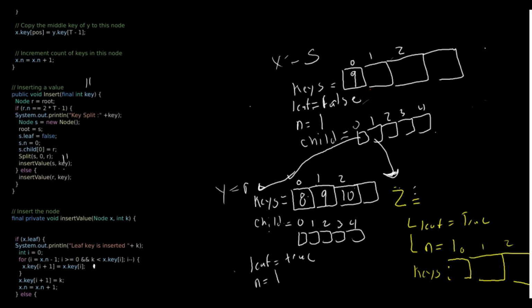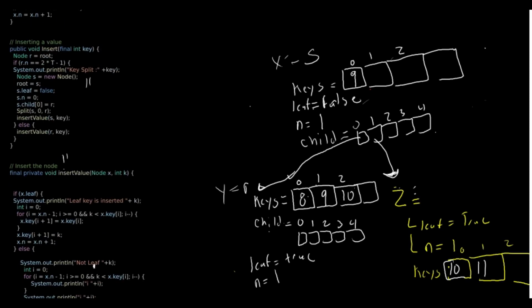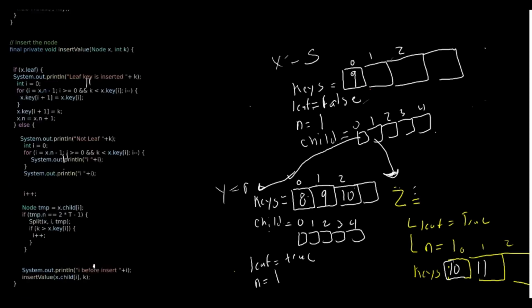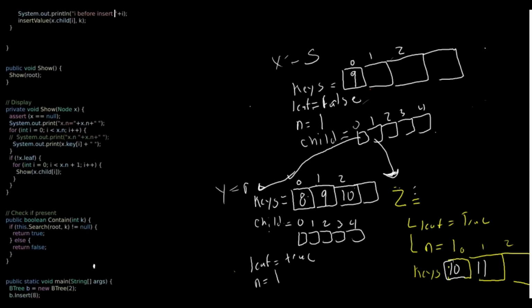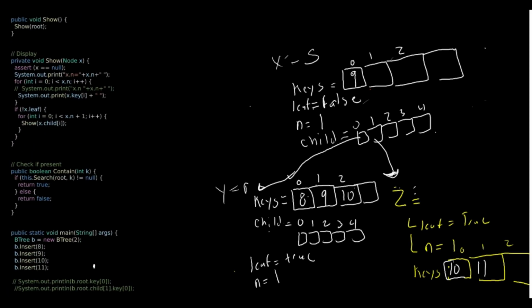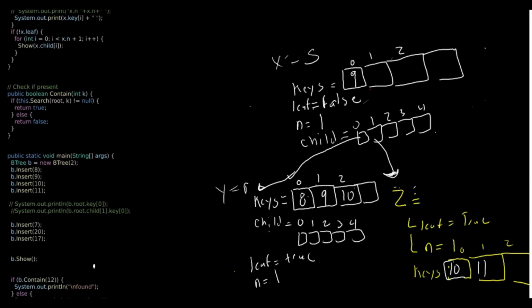We split it, and now we could insert 11, and it's the same process as before. We'll insert it into the first child. So we do the sorting thing here. Oh, yes, sorry. Everything sorts out. 10, and then we put 11 here. All right. Sorry about that.